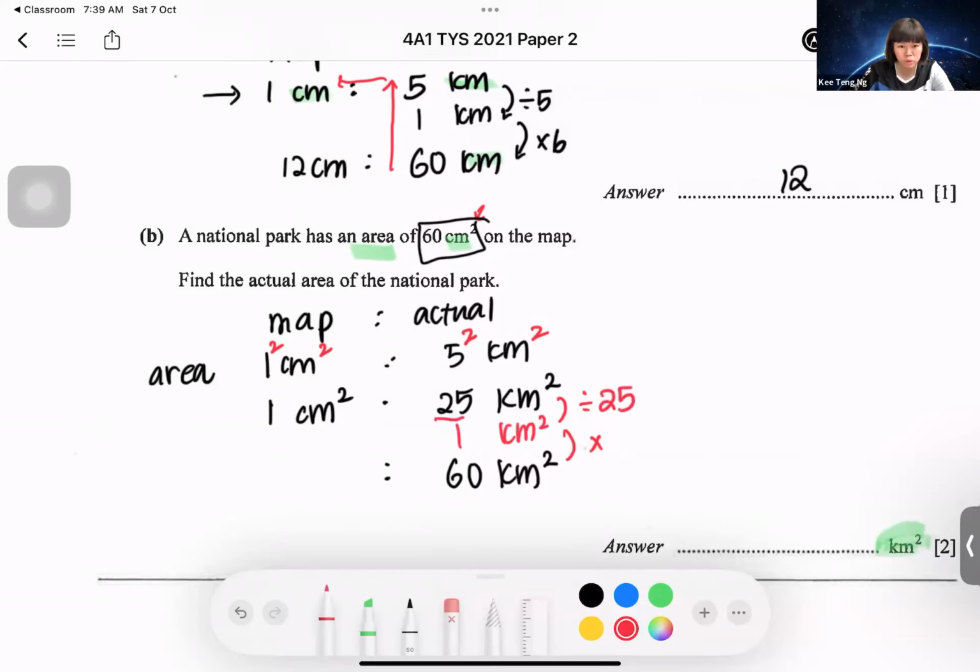So it's 1 over 25. Then from 1 kilometer square, I want to get 60, so it's times 60. So in this case, this one will be 60 over 25 times 1, or you have 1 over 25 times 60. Either way, we'll still get the correct answer. So in this case, I got the number 2.4 cm squared. Sorry about the mistake. Have you gotten the answer?